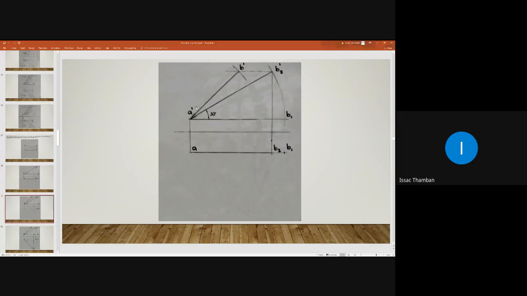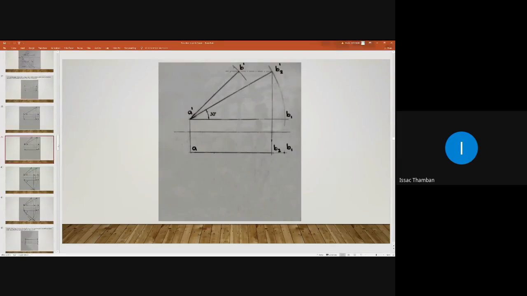So, we obtained the elevation of line AB. Now, it's not finished. We have to locate the position of B. But for the time being, we can't locate that. So, how will you locate that? So, I am proceeding to the next slide.